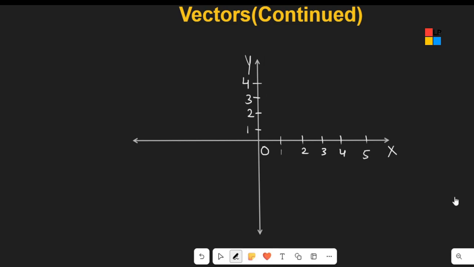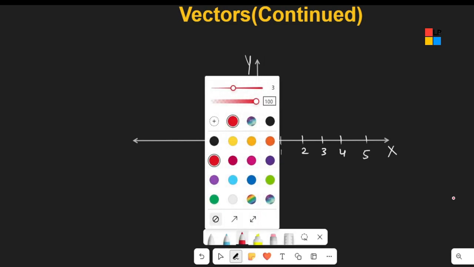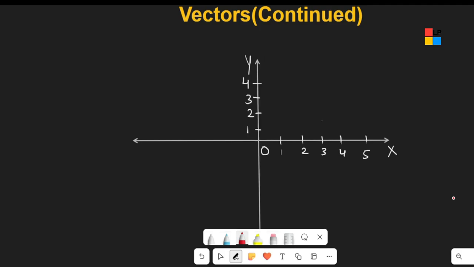So what I will do here, I'll take a point. Let's say the point is this one here. Let's say this point is P. The coordinate of the point P is 3 and 2.